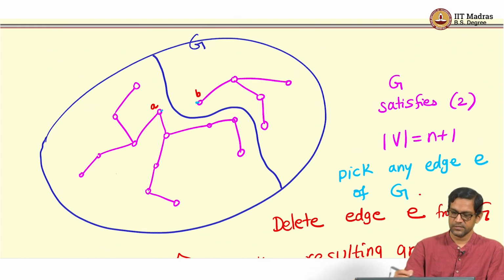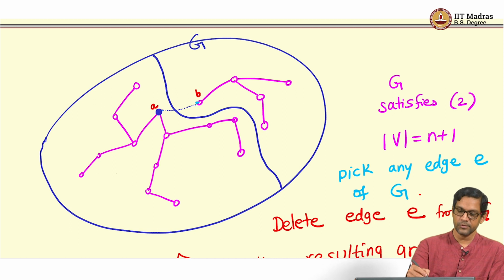My first subset is all those vertices which you can reach from this vertex A by a path which is in G hat, which means without using this deleted edge. That edge is not there anymore in G hat. Without going through that edge, I should be able to go from A to my vertex V. And what are such vertices?